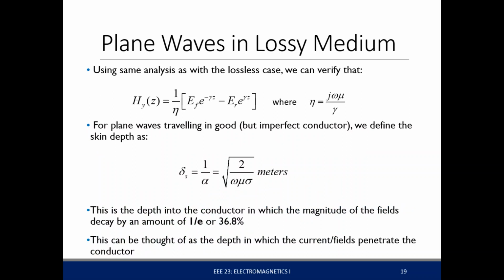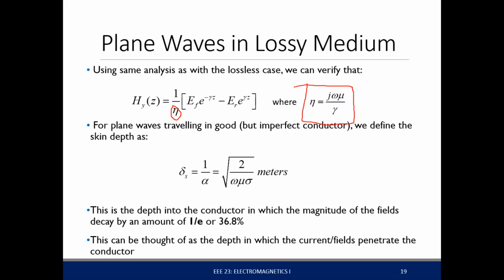If we do the same analysis, we can verify that H sub y of z is equal to 1 over eta, where eta, remember, is your intrinsic impedance. But eta here is now, instead of omega mu over k, it becomes j omega mu over gamma.